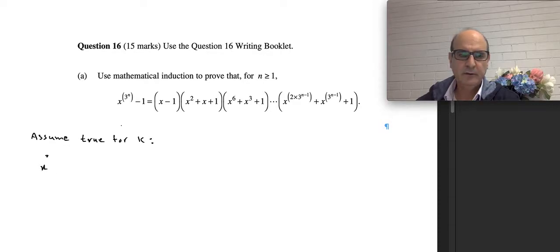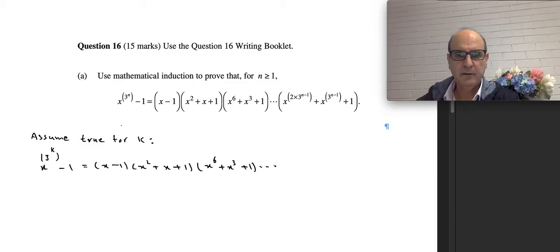So you've got x to the 3 to the k minus 1 is equal to x minus 1, x squared plus x plus 1 times x to the 6 plus x cubed plus 1, and so on, up to x to the power of 2 times 3 to the k minus 1 plus x to the 3 to the k minus 1 plus 1.